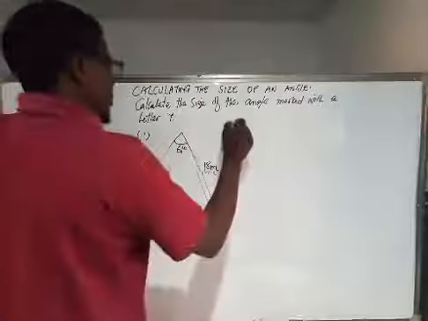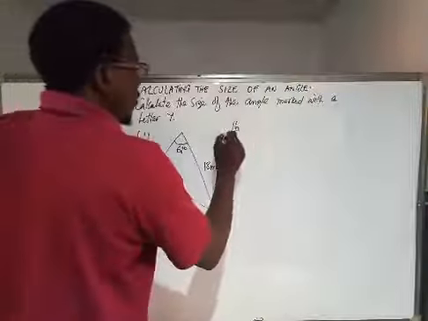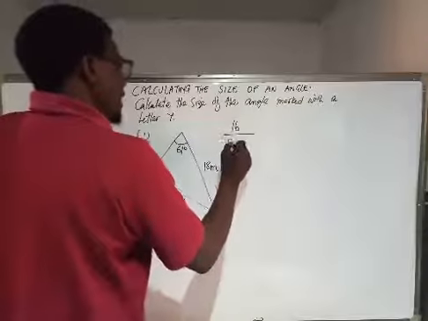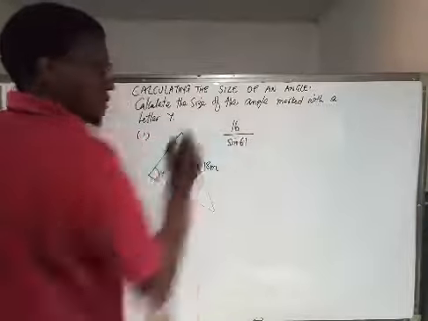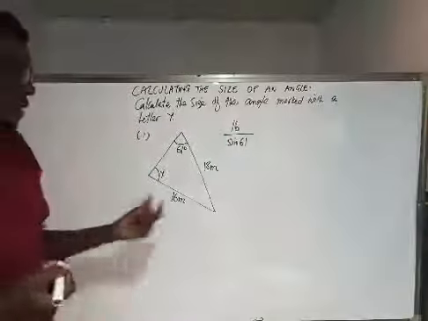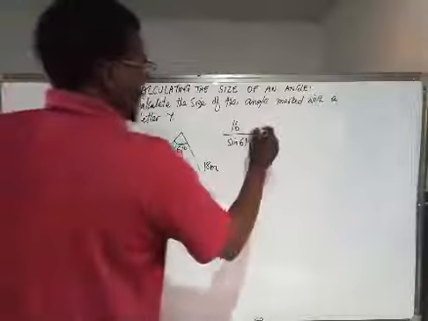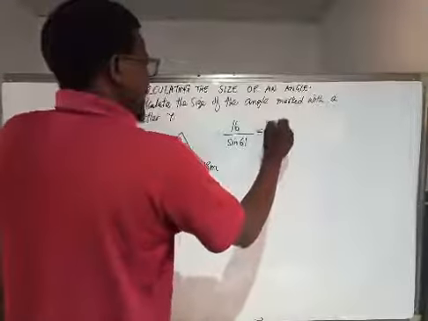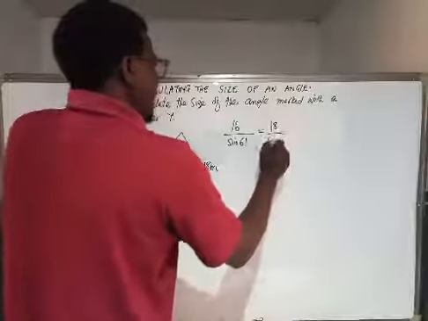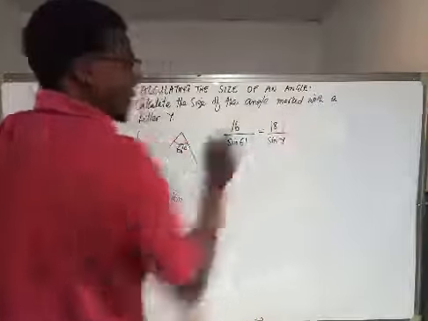And this is how it's going to be. 16 compared to the sine of 61. Okay? 16 compared to the sine of 61. Even this side, we are going to say 18 compared to the sine of Y.